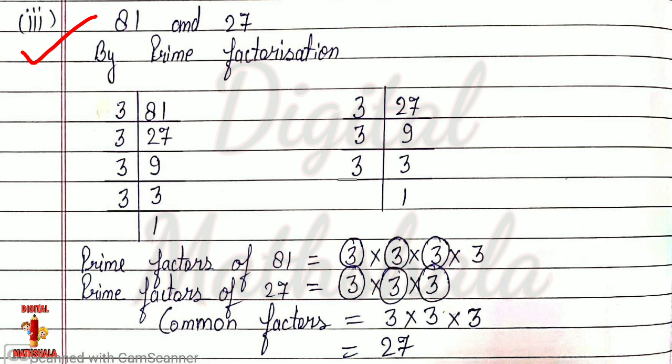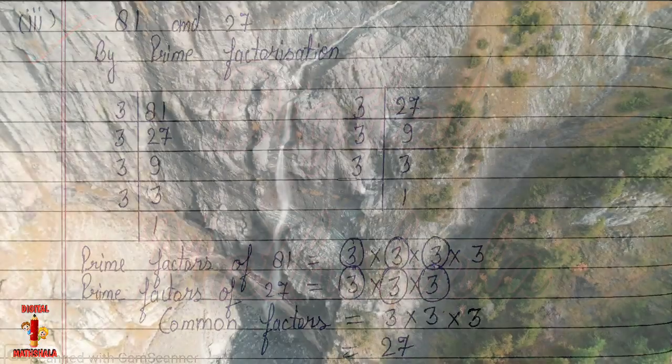In another way, we can say that if two numbers are there, and one number is a multiple of the smaller number, then the smaller number will be the HCF of both the numbers. And here 27 is the HCF of 81 and 27. I hope you understand this. Now we are moving to the next question.